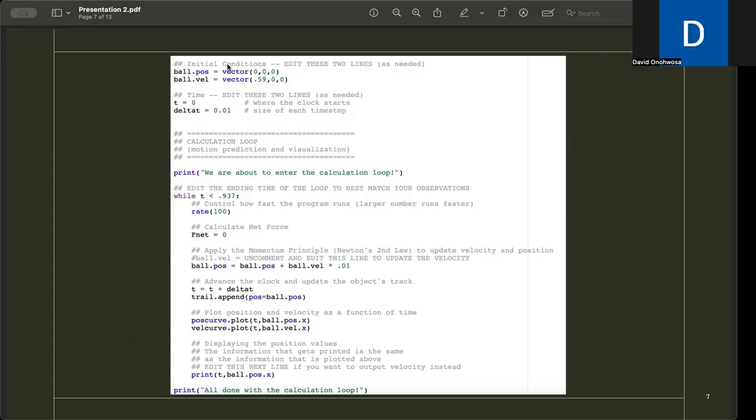So for the coding, basically all that was changed from the starter kit we were given is I gave the ball a velocity vector in the x direction, and we changed the time to line up with how long the video was, and then used the position update formula.